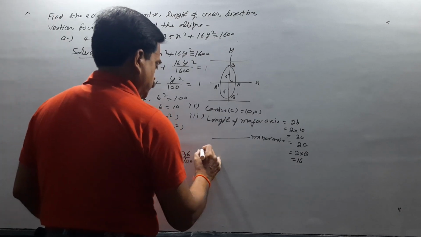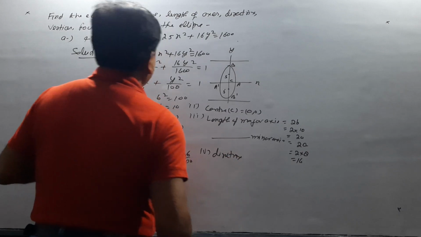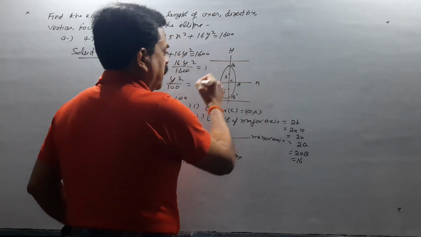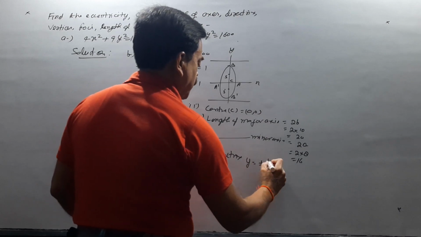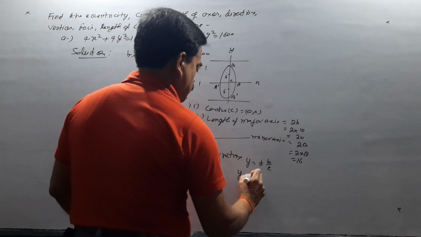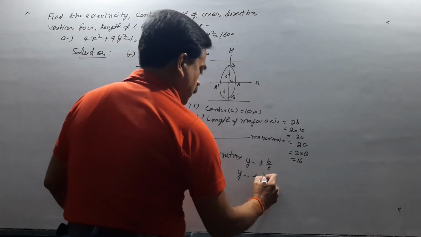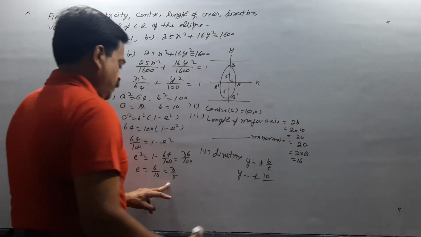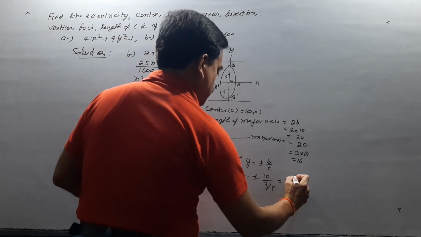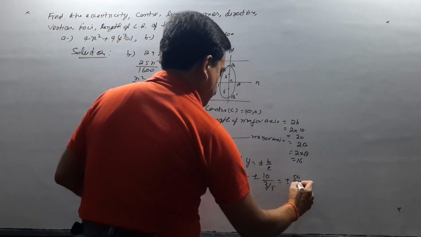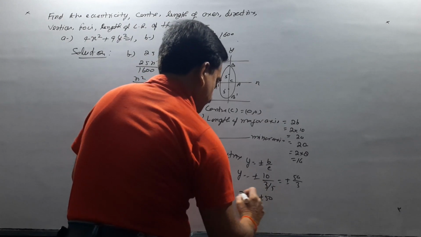Directrix. Directrices are lines parallel to the x-axis, so their equations are y equals plus minus b upon e. y equals plus minus b, b means 10, and e is 3 upon 5, so 10 times 5 upon 3, or plus minus 50 upon 3, or 3y equals plus minus 50.